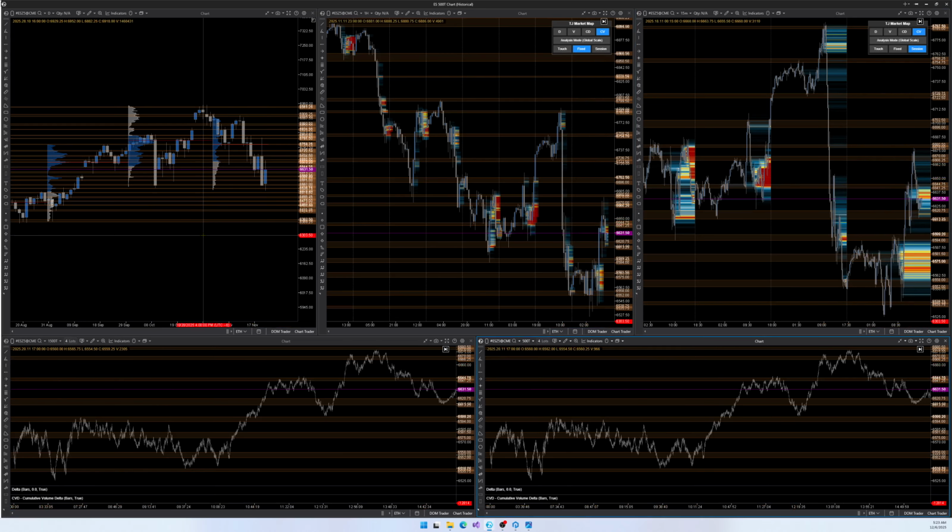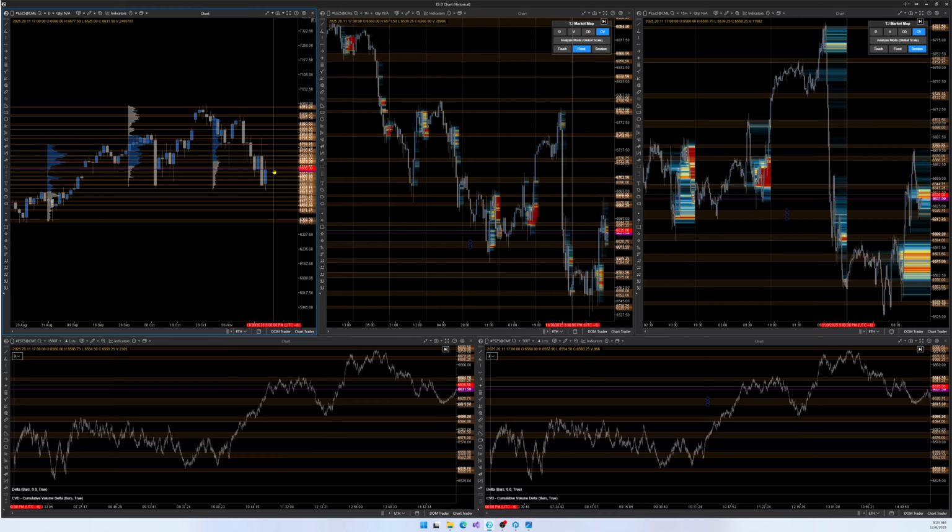Now, looking at the daily chart, we're a little bit puzzled about if the market will go further down here, or will go up. Obviously, they decided to go up and then a little bit down again. So overall, it was a long day, and this area seems to be quite interesting.